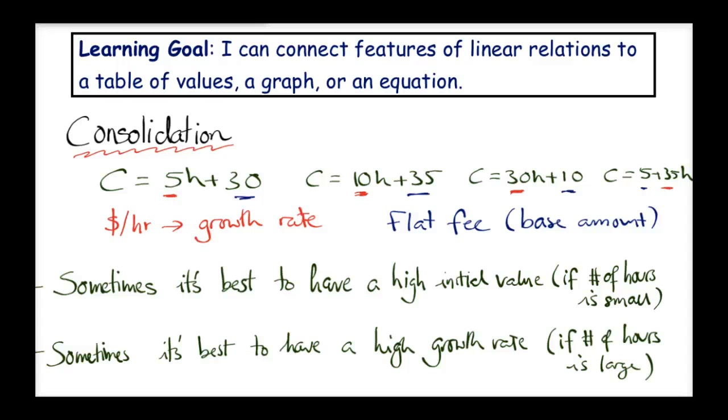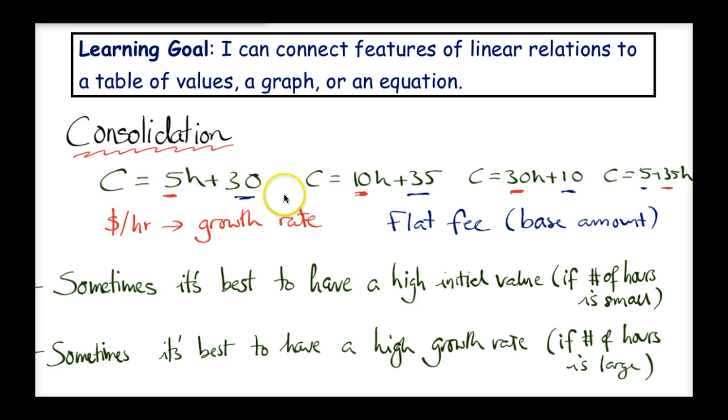And then after that, we worked on some more of that same activity sheet, and I did this consolidation at the end. You were asked to compare 4 different formulas for determining salary, and these 4 formulas are shown here on the screen. And you can see that the 4 formulas, they all have the same variables, cost and number of hours.